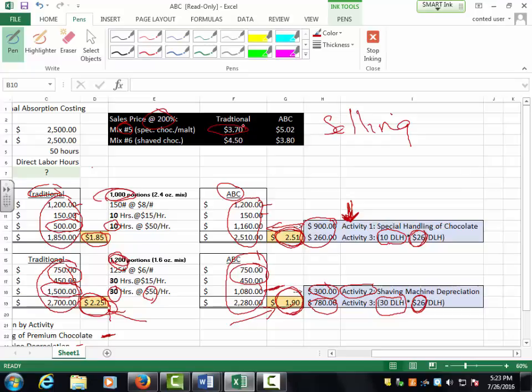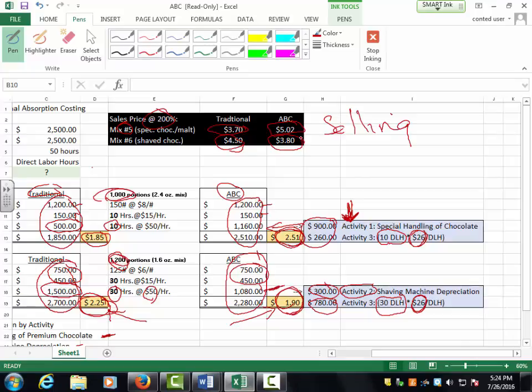But if we say activity-based costing is a better method of accounting, we now would have to charge $5.02 for the same exact product. The shaved chocolate recipe under the traditional approach is $4.50, but if we say activity-based costing is the better approach, now the selling price drops to $3.80.